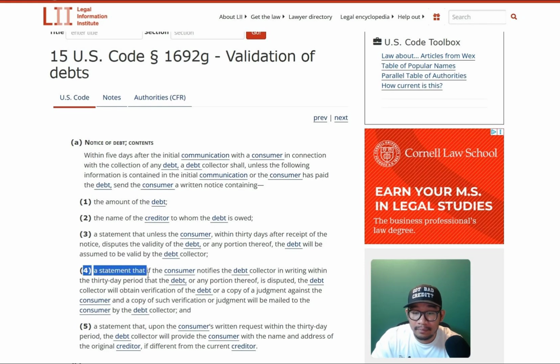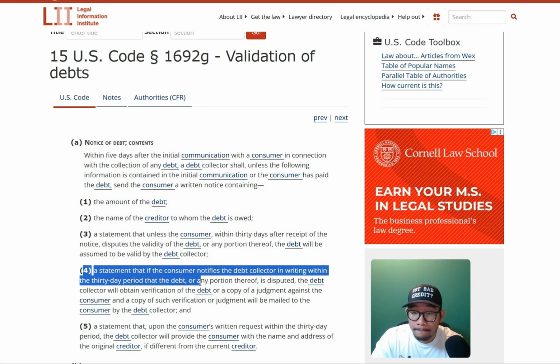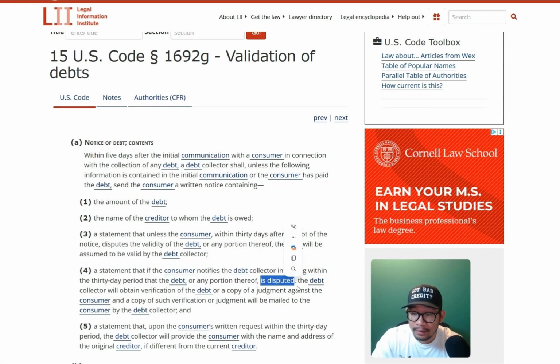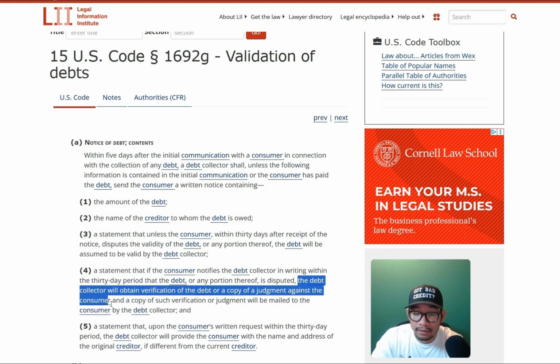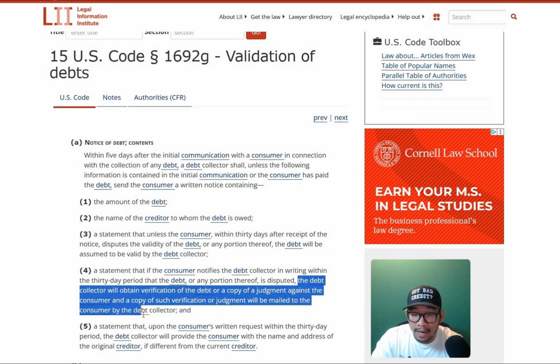4. A statement that if the consumer notifies the debt collector in writing within the 30-day period that the debt or any portion thereof is disputed, the debt collector will obtain verification of the debt or a copy of a judgment against the consumer, and a copy of such verification or judgment will be mailed to the consumer by the debt collector.